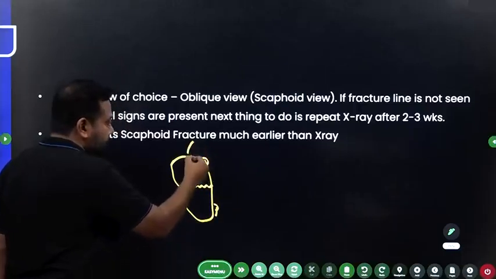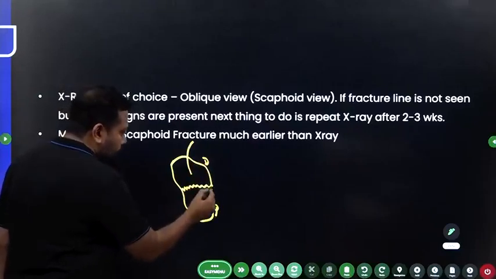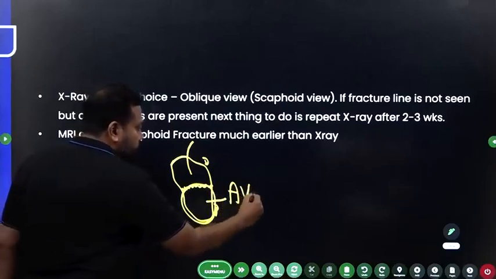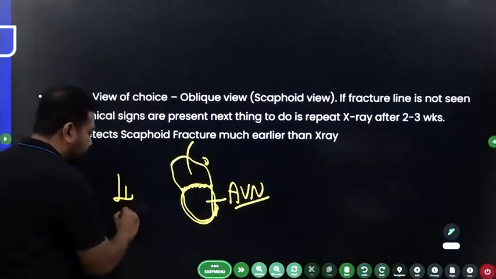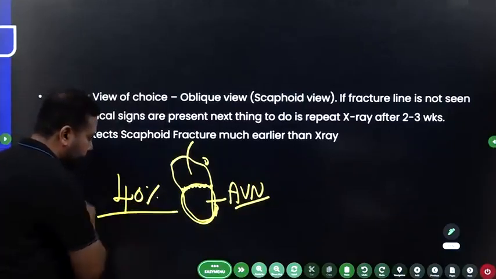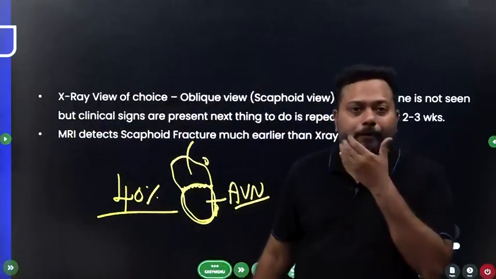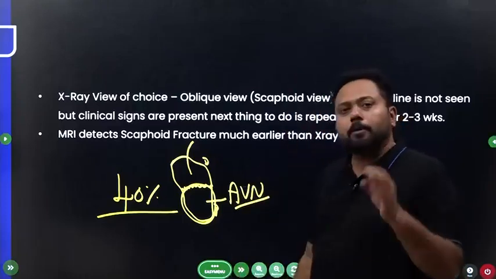Blood supply comes from the distal pole. When the waist of scaphoid is broken, the proximal portion will go for avascular necrosis. What is the chance? 40%. However well you treat, 40% of cases go for avascular necrosis of scaphoid. This is the problem. This is a small bone but a notorious bone.